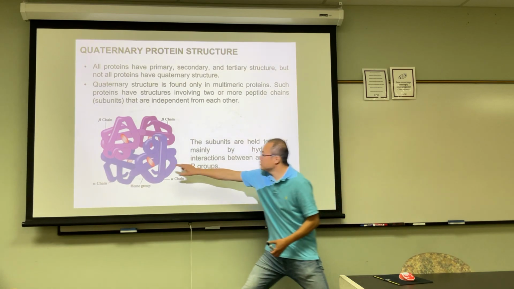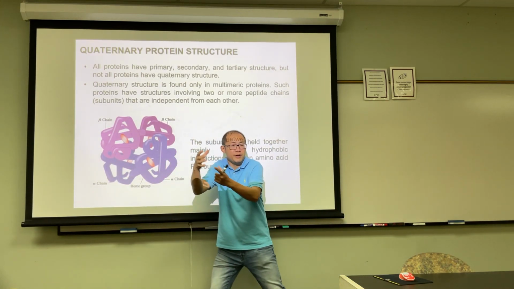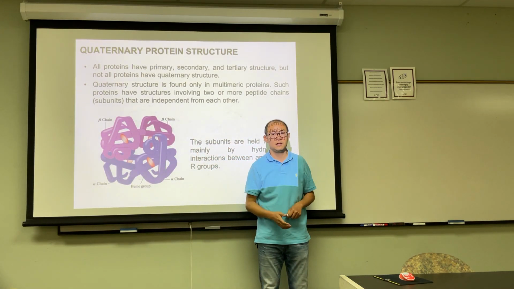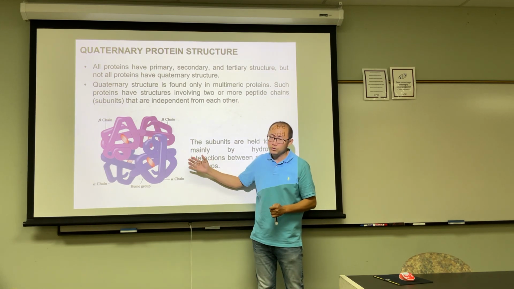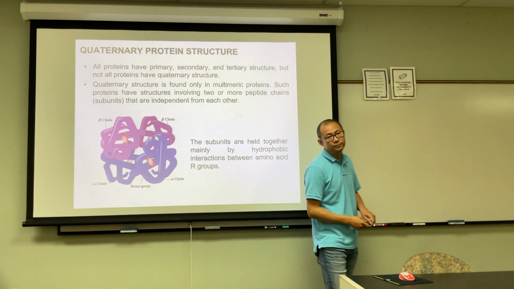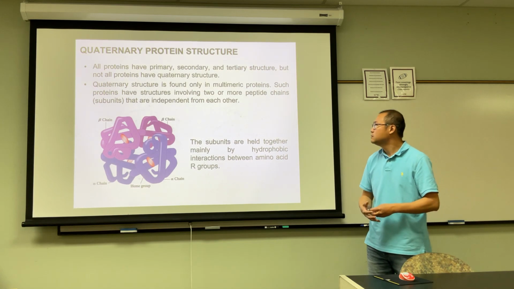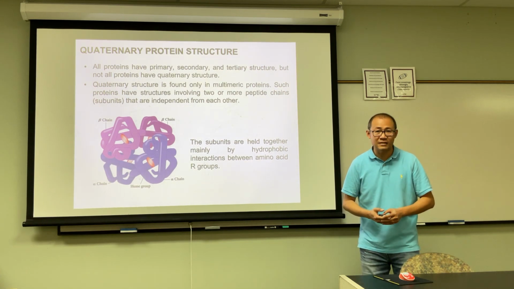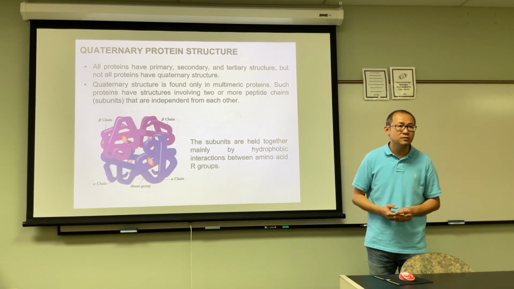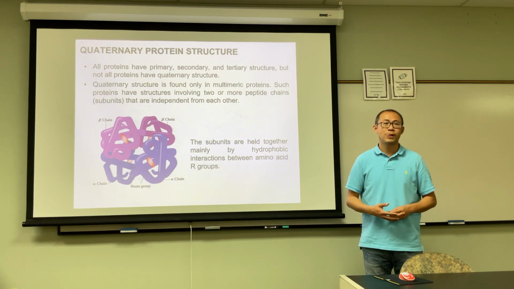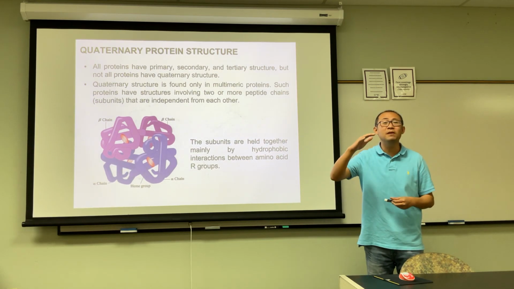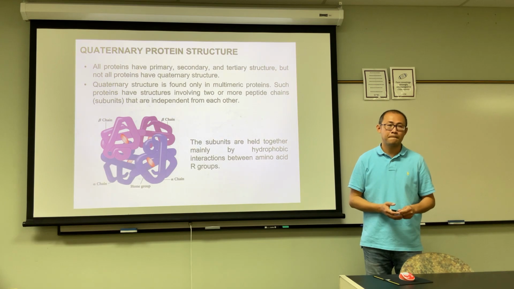Between one chain and another chain, they have hydrophobic interactions across the chains, and that holds the quaternary structure together. Again, it's not universal on all proteins. Some proteins don't have a quaternary structure, but some proteins do, especially those with complex biological functions.